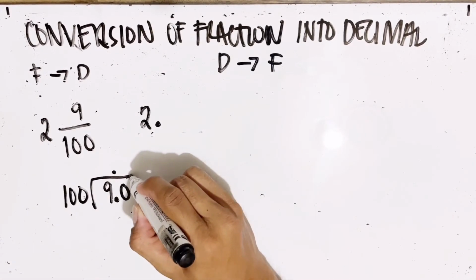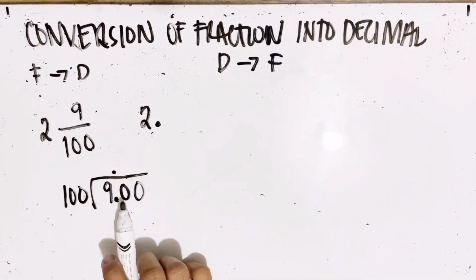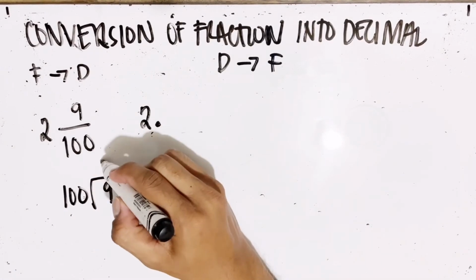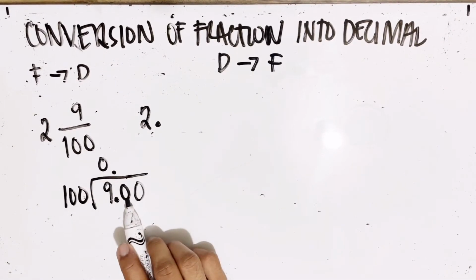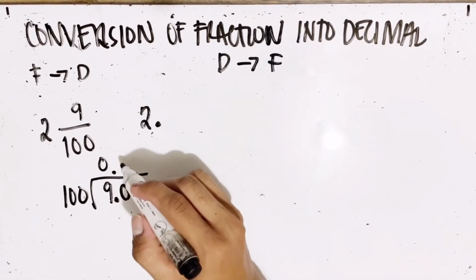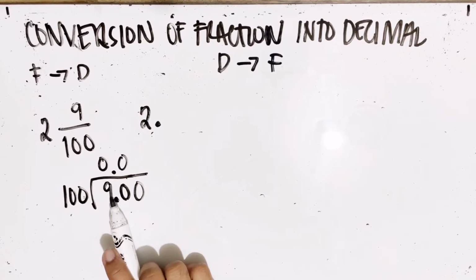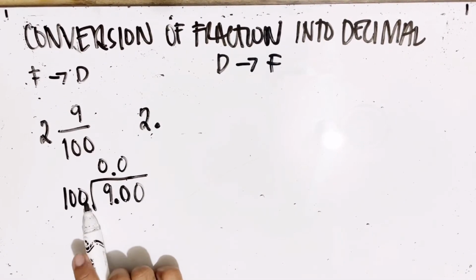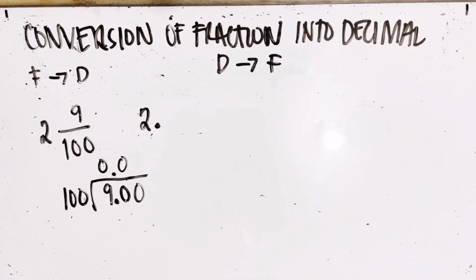So we will again write another 0. So, by the way, above 9 we should place 0 there, and also above 0 we will also place 0. Why? Because they are lesser than the divisor. So we will directly put 0 above them.